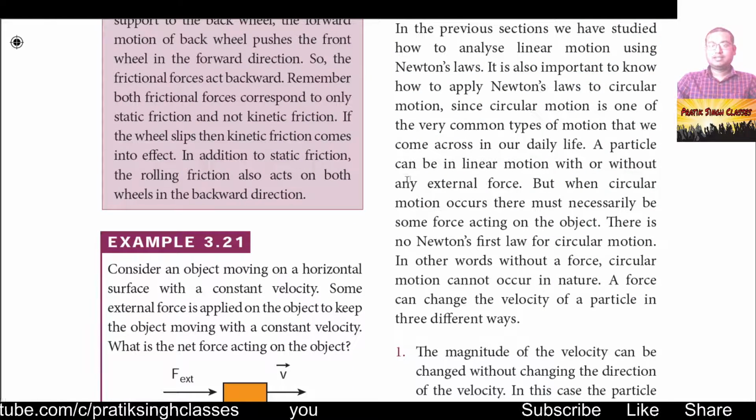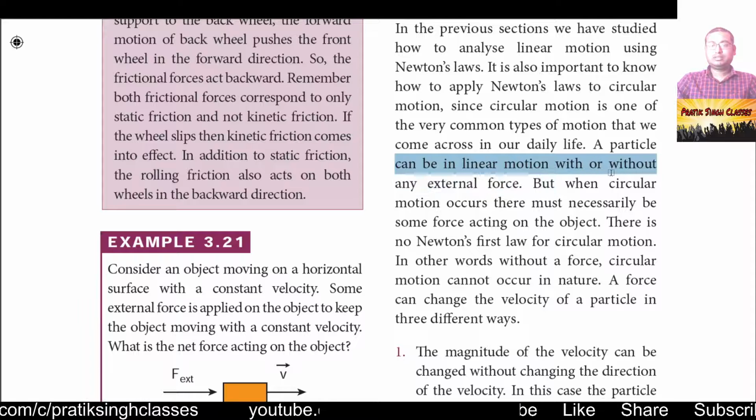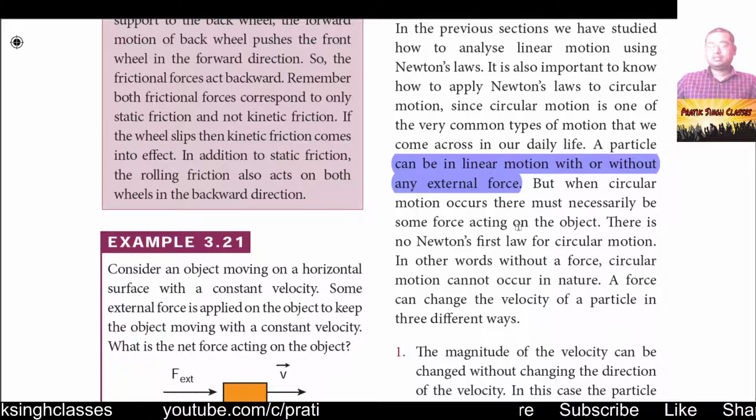A particle can be in linear motion with or without any external force. In class I have taught you that if a force is applied on an object, three things may happen. First, the object doesn't move, because the inertia of rest is more than the force, or the friction is more than the applied force.